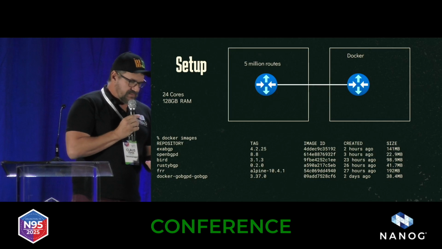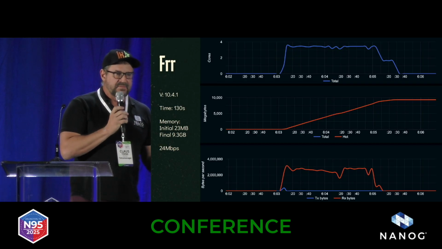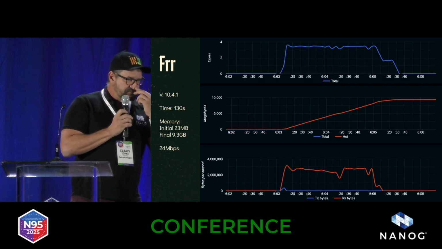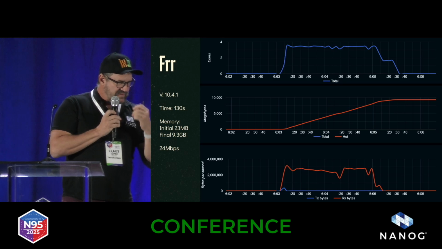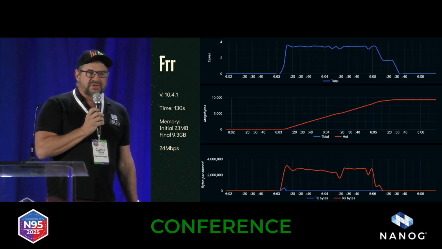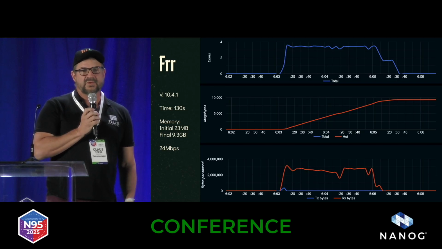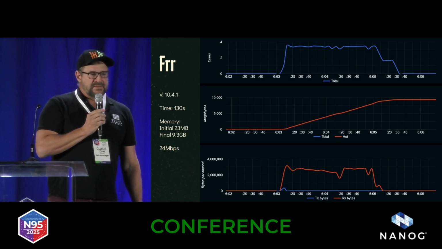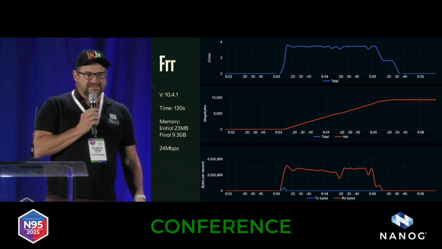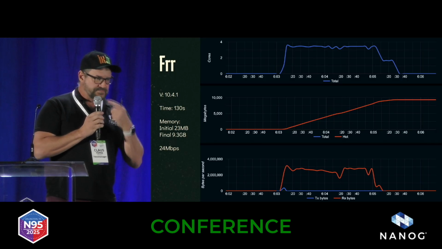So how was this test done? I tested FRR first. When I turned it on, it took around 130 seconds to come up with the full 5 million routes. The memory was initially 23 megs and rose to 9 gigs.